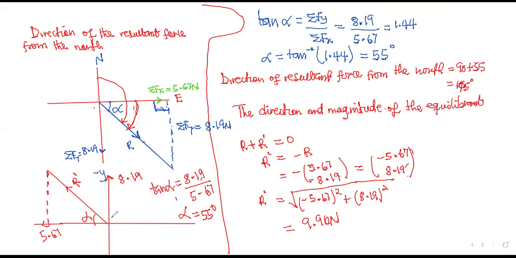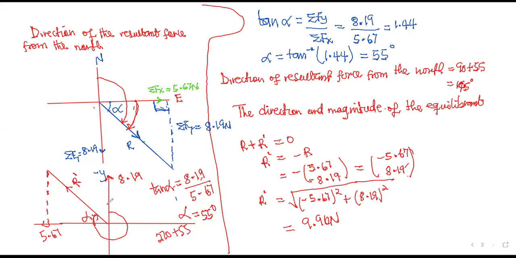So if you are looking for the direction from the north, then this time around, we must add 55 to 270, because we must turn through this angle. When we turn through this angle, 270 plus 55, we are going clockwise.